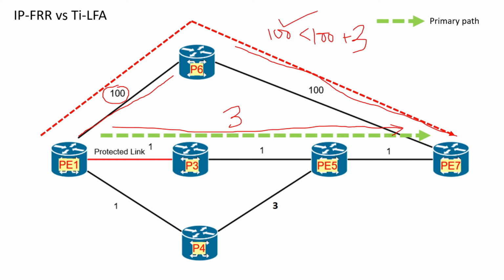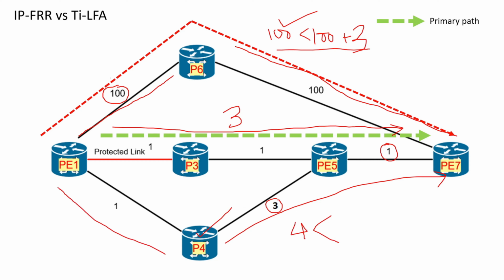So yes, in the case of P6 this condition is valid, but you might be thinking why you didn't choose P4 as a backup path. So let's calculate and see why. The distance between next hop and destination, this is 3 plus 1, that is 4, should be less than the distance from next hop to source, this is 1, plus the distance between source and destination, this is 3.